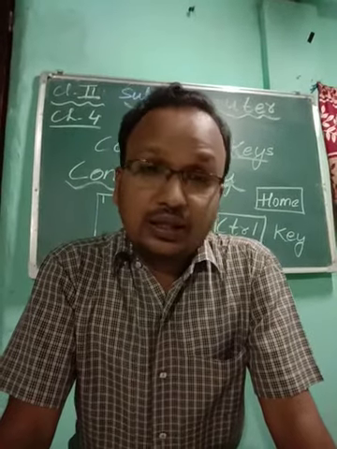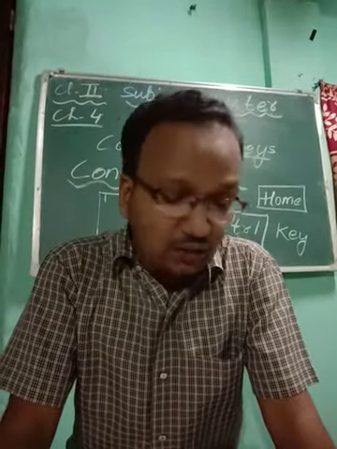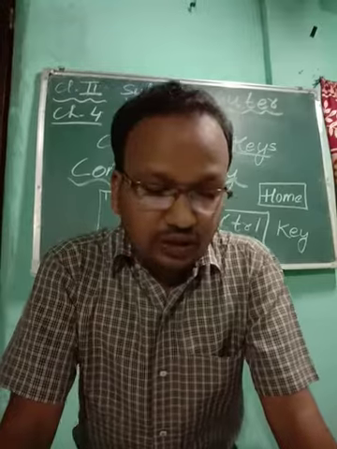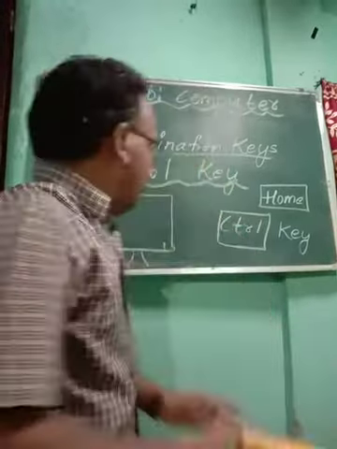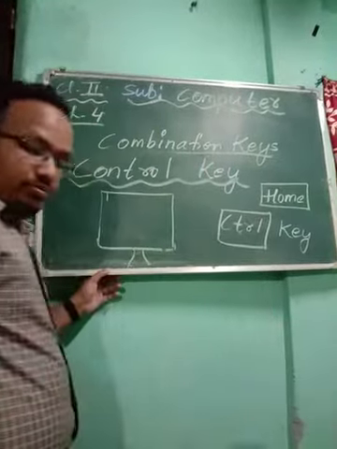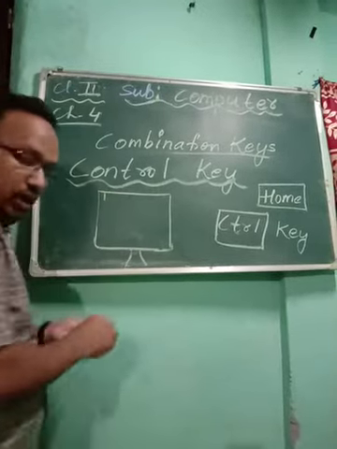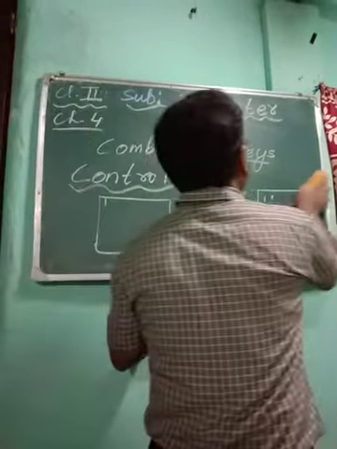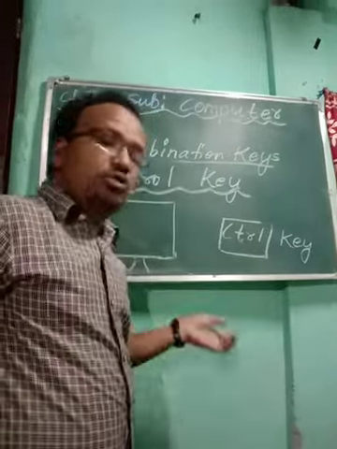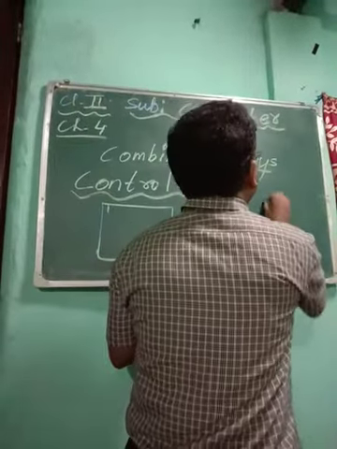Now the other one: if you press CTRL plus End, it moves the cursor to the end of the document. Suppose your cursor is at the top and you want to bring it to the other end, the end of the paragraph.